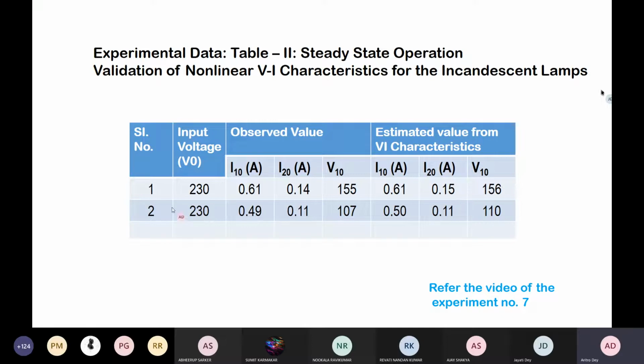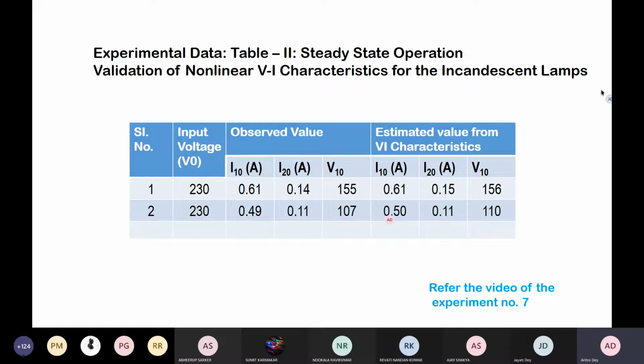And in a similar way, when we do it for the other setting, when we use the 200 ohm external resistance, then we have V10 to V110. Here it is recorded at 107, and experimentally the recorded value for the tungsten is 0.49. Here from the graph we get 0.5.